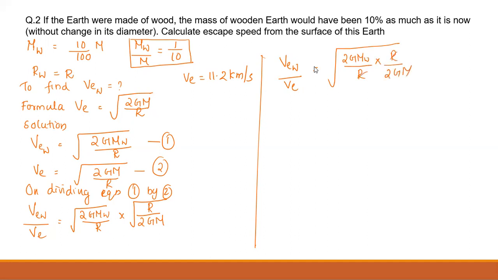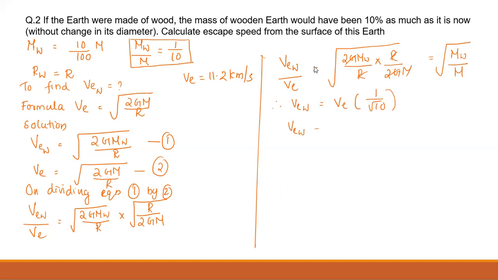So R cancelled, 2G and 2G cancelled. We got that is equal to under root Mw upon M. Mw upon M we know that is 1 upon 10. Therefore escape velocity of wooden Earth is equal to Ve into 1 upon root 10.